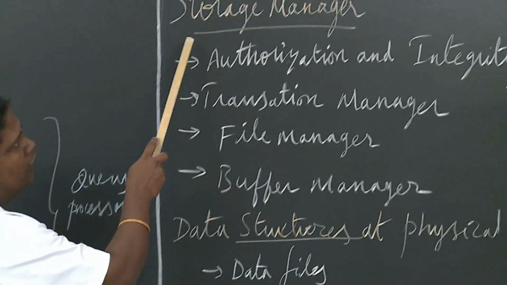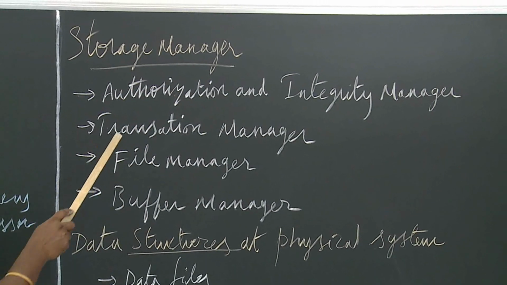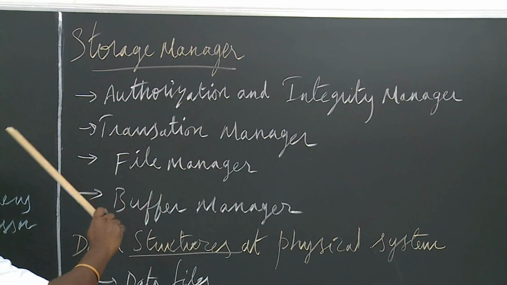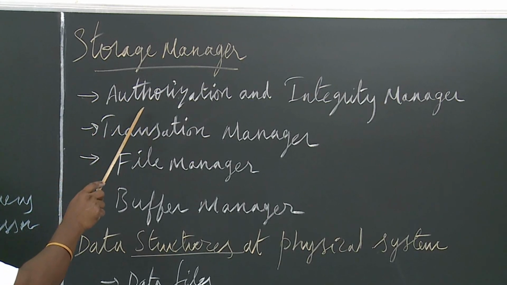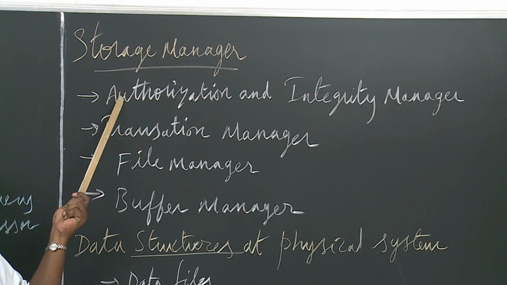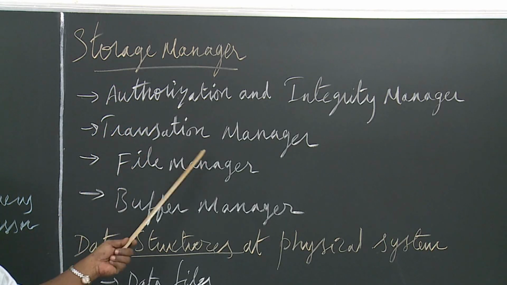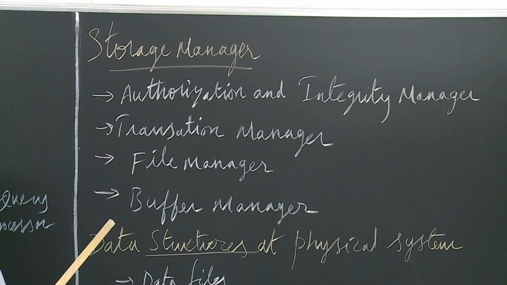So first we will see what a storage manager includes, the following factors, like the authorization and integrity manager. As already said, this describes authorization: whoever the user requests, it is responsible to provide the permission for the same. There's a transaction manager. It is responsible for the database validity.